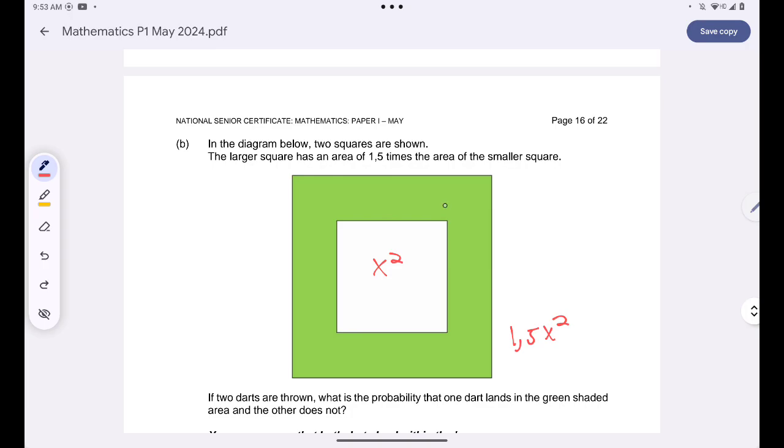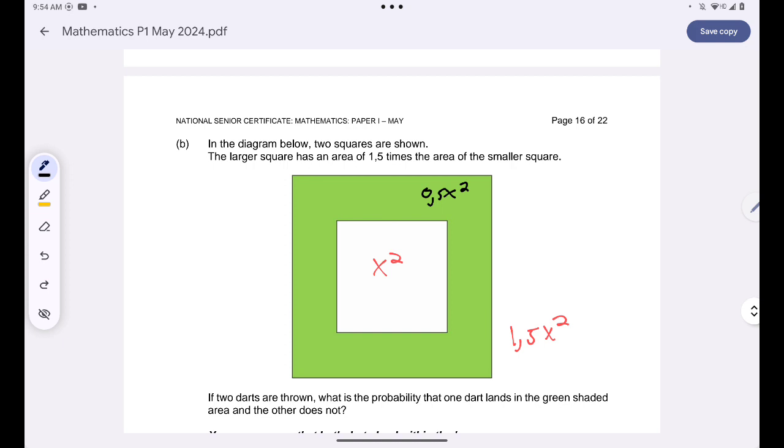So which means the area of the part which is shaded in green, I'll just subtract the two areas. I'll simply get 0.5 x squared. That's the area of the shaded part.